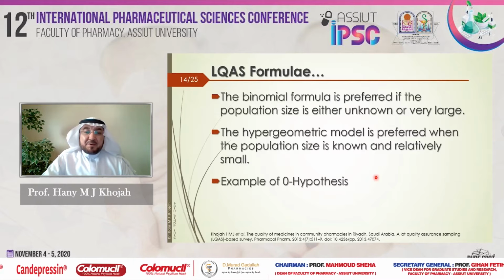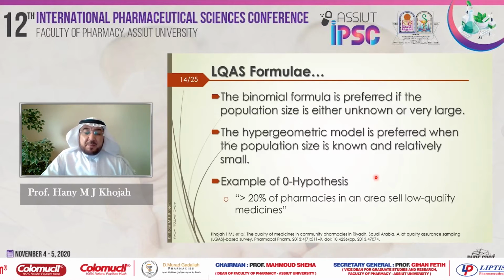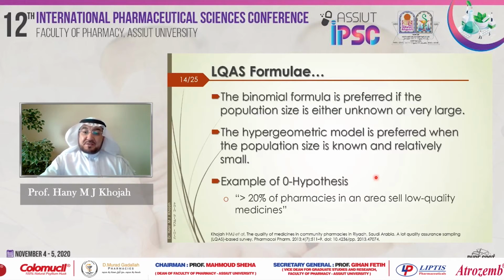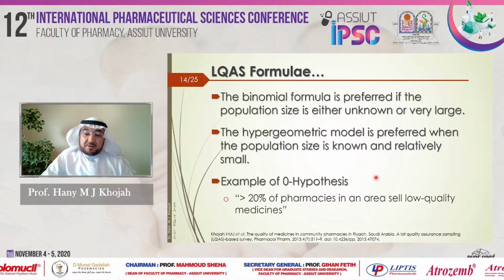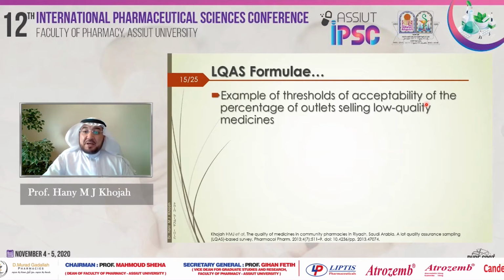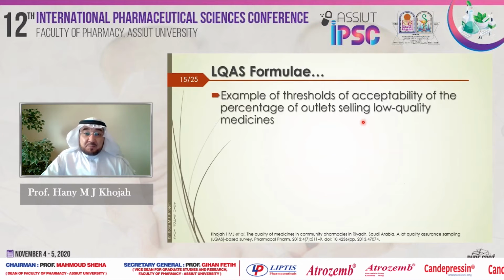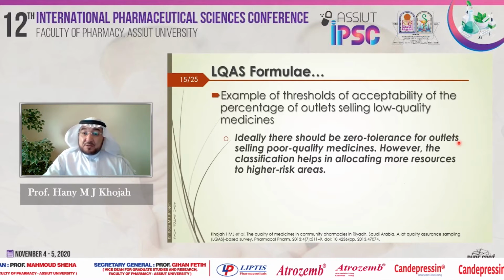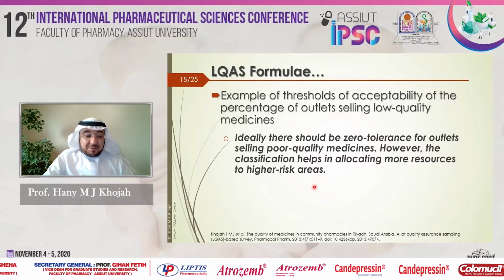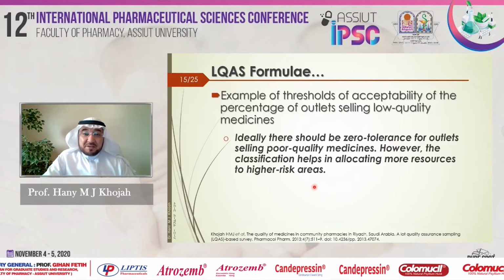I'm going to give an example about the null hypothesis here. We can say that we expect to see more than 20% of pharmacies in area X that sell low quality medicine. And another example here for the thresholds of acceptability of the outlets that sell poor quality medicines, I have to mention here that usually we don't like to find any pharmacy that sell poor quality medicine.